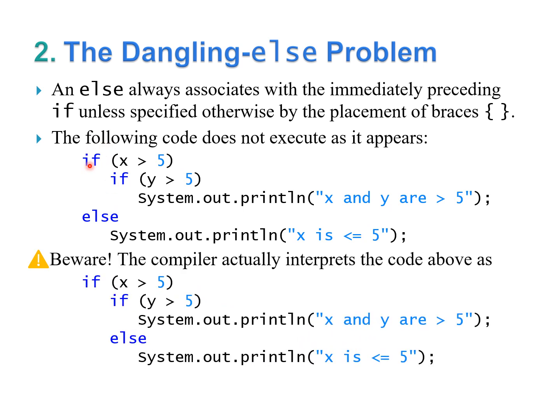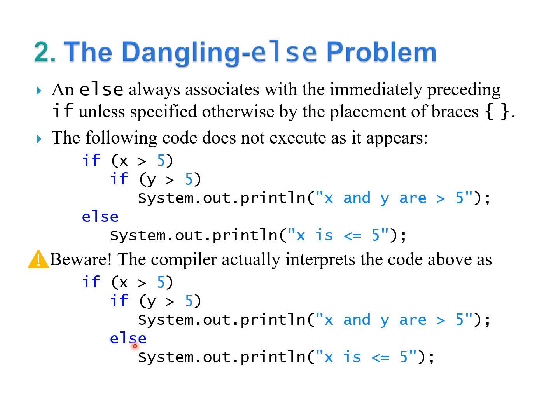Beware that the compiler actually interprets the code above as the following nested if-else statements, with the else lining up with the second if, because that's the immediately preceding if of this else.